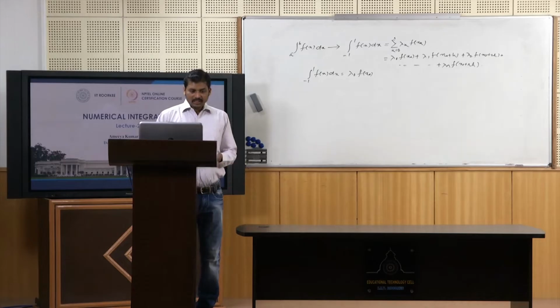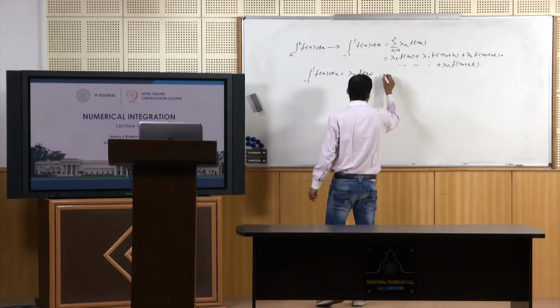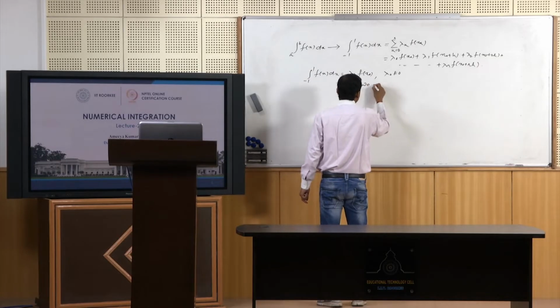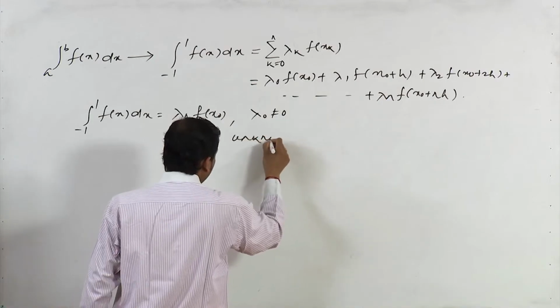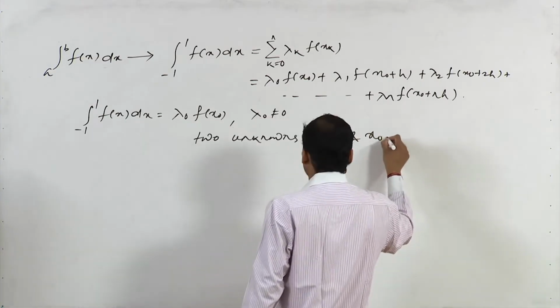And if you see here, lambda 0 is not equal to 0, so we have two unknowns, that are lambda 0 and x 0.